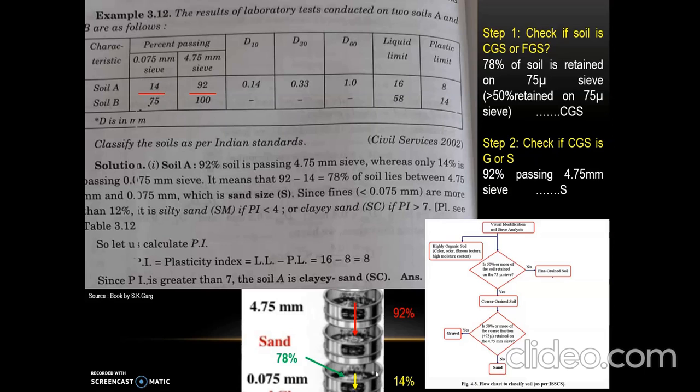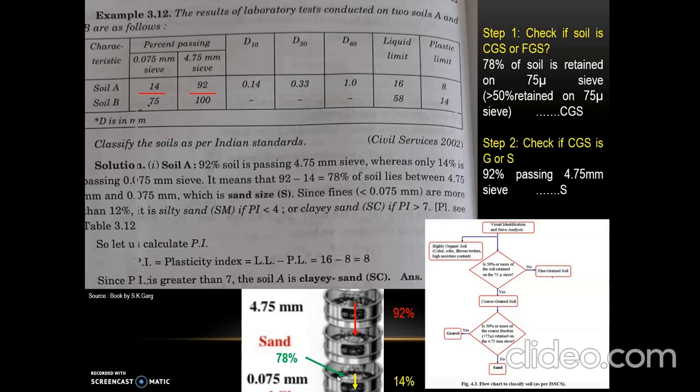So in this figure, we can see yellow colored arrow indicates percent passing through 0.075 mm. So percent of soil passing through 0.075 mm is 14%. That means out of 92% which passed through 4.75 mm sieve, 14% already passed through 0.075 mm sieve.